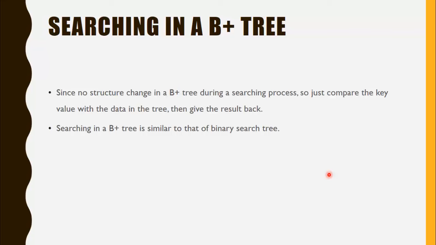Since there is no structure change in the B plus tree during a searching process, we just have to compare the key values with the data in the tree and give the result back. Searching in a B plus tree is similar to that of a binary search tree.